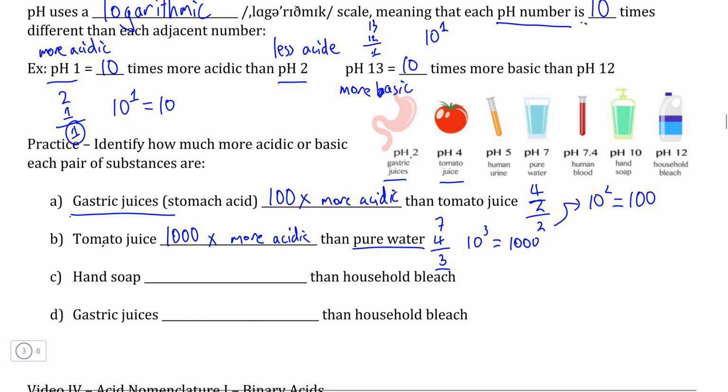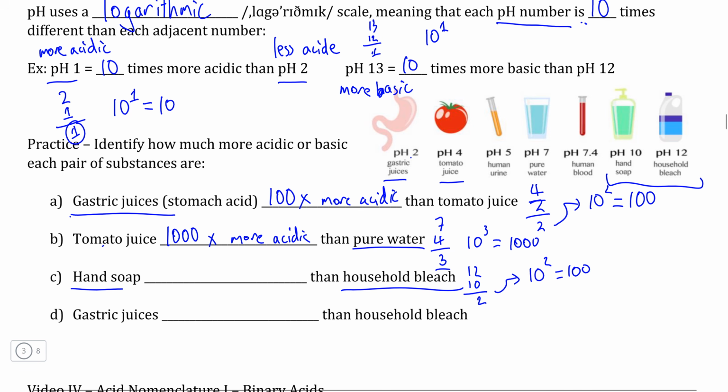Now, if we go to the basic end, we can compare hand soap and bleach. We can see that bleach has a pH of 12 and hand soap has a pH of 10. 12 minus 10 is 2, and using the pH scale based on base 10, 10 to the exponent 2 is 100.